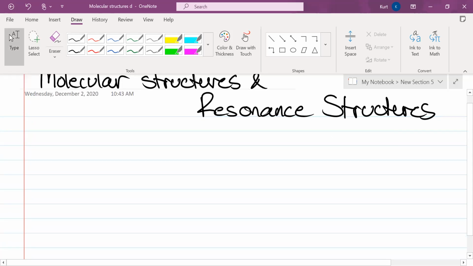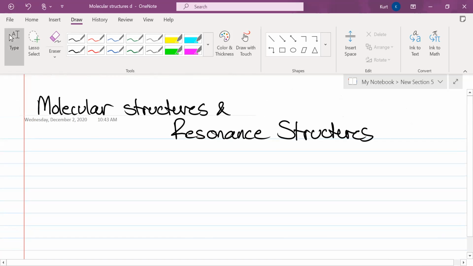Okay. So there's a lot of different molecular structures out there, and I'm going to have a kit out here to build a few for you. You guys did this the Friday before break.